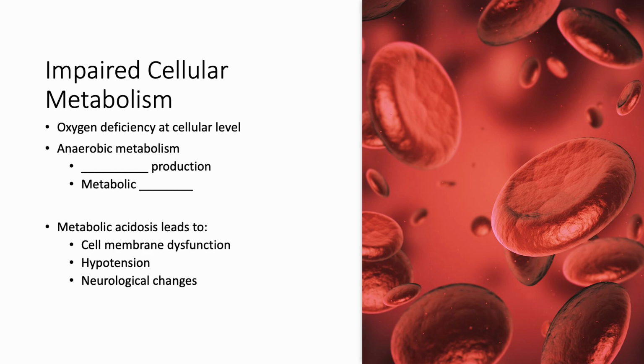The metabolic acidosis then results in cell membrane dysfunction, affecting how cells operate, which could then lead to hypotension due to poor vascular tone and circulation, and neurological changes such as confusion or altered consciousness. It's caused by impaired brain function due to the lack of oxygen and acidosis.